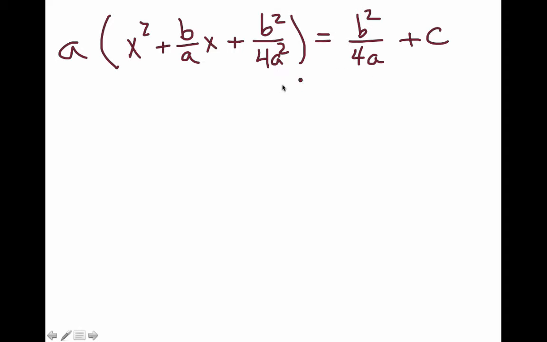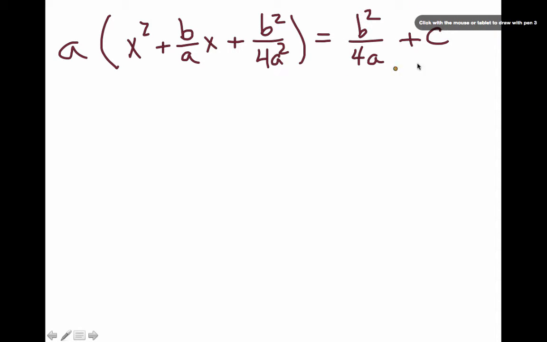Now, if you're not recognizing some things yet, take a look there. You should see some familiar stuff. Remember, why is this a b squared over 4a and this is a b squared over 4a squared? Because I'm actually multiplying by a, so I have to distribute that a to see what I really add.